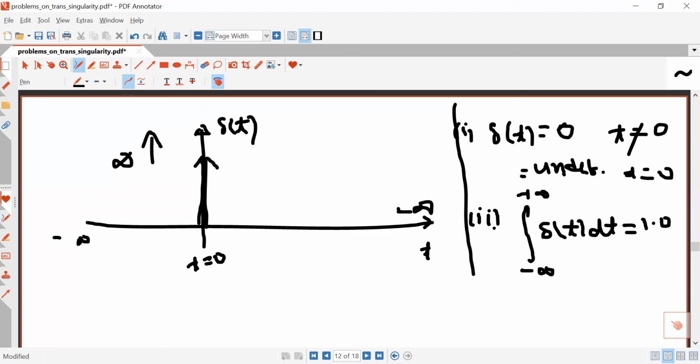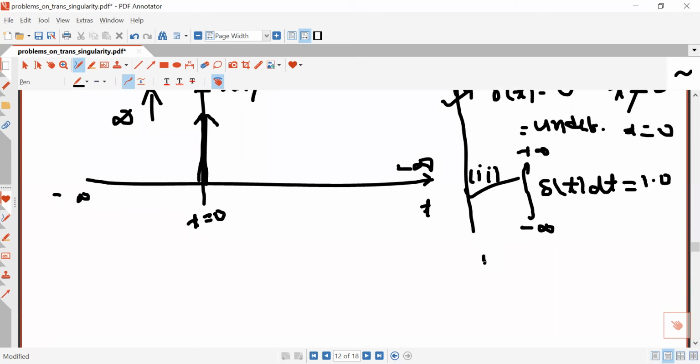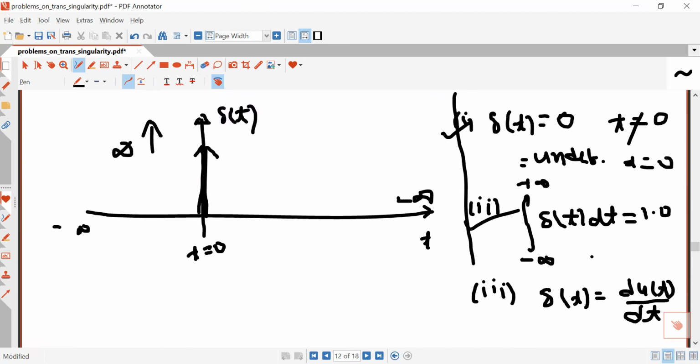So you can represent the unit impulse signal through this integration also. And the third characteristic is that you can get the unit impulse signal just by differentiating the unit step signal. So just go through the previous video, in which I have discussed all the characteristics of the unit impulse signal.